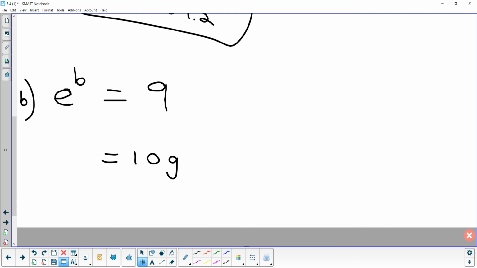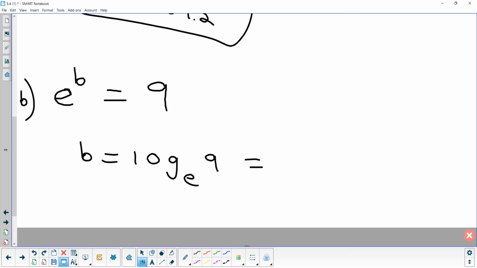Caleb, what's my base here? E. And Madison, logarithm always equals what kind of number? Exponent. And what's my exponent in this case? B. And Sophie, the 9 is my argument.